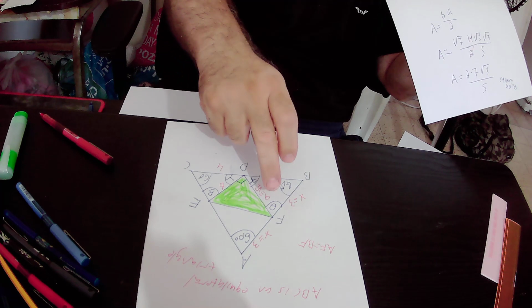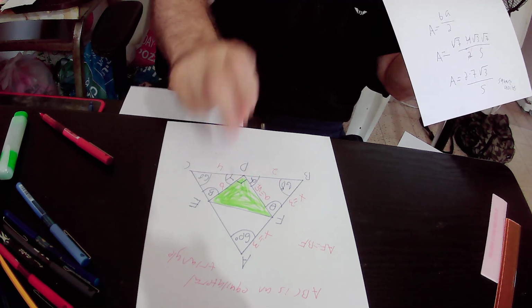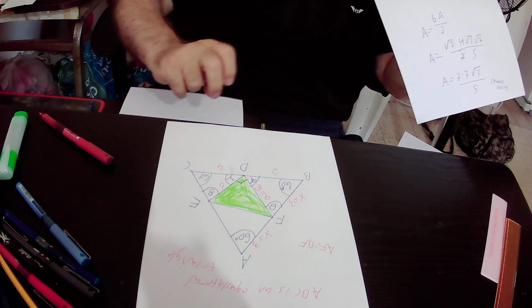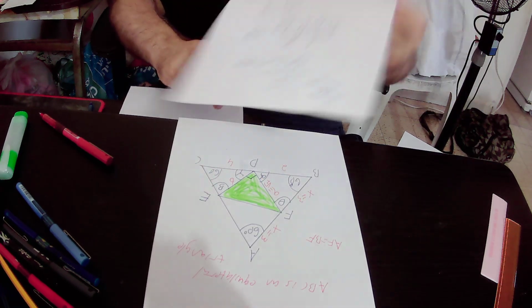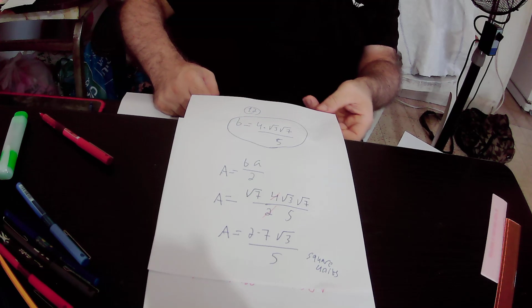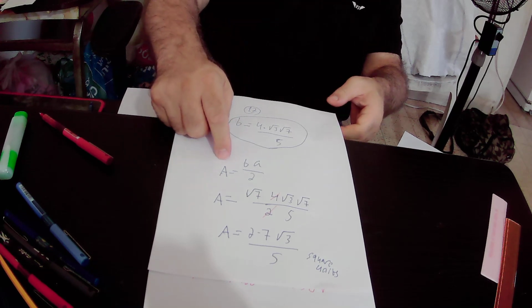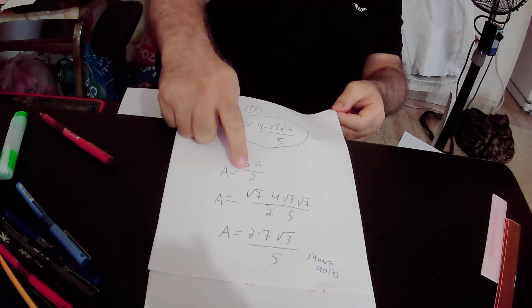Okay, the height creates 90 degrees with the base, so it is A times B over 2.